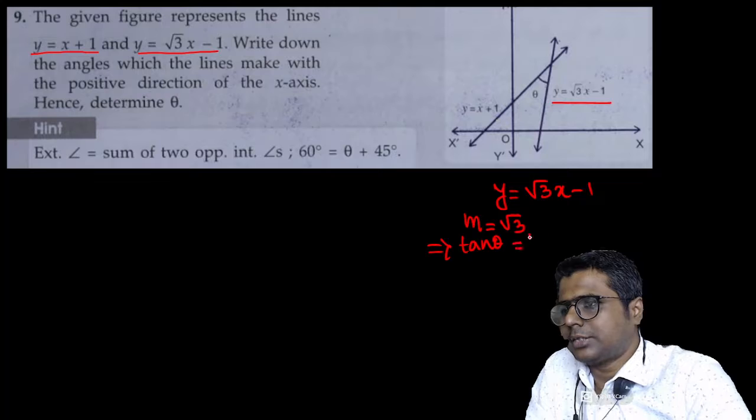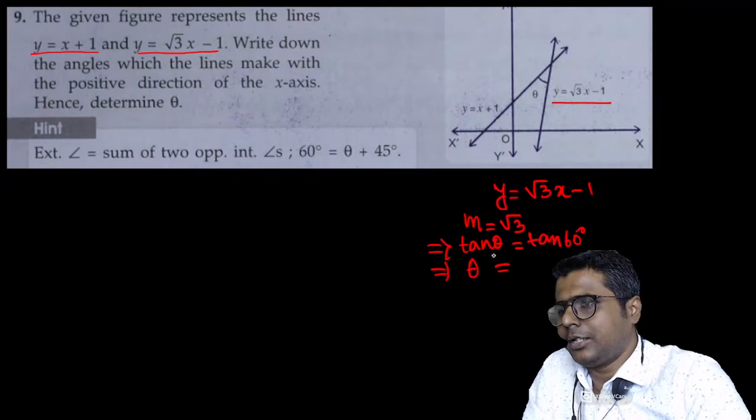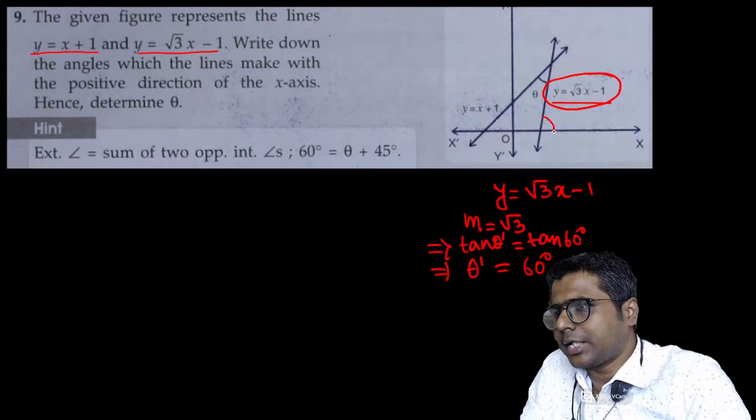So tan theta is equal to root 3, which is tan 60 degree. So definitely, I will name this as theta 1. The angle made by this line with x-axis is 60 degree. So this angle is 60 degree.